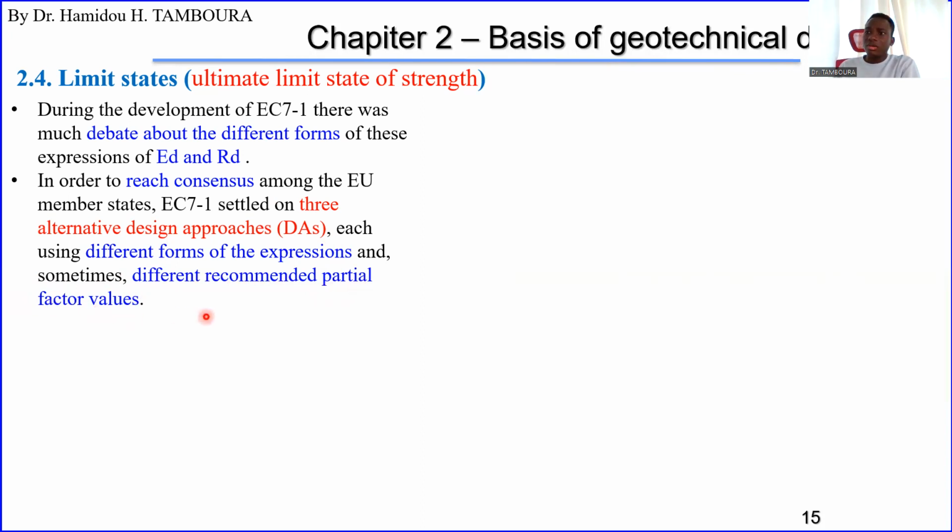It means that if you go from one country to another, you will have different values of partial factors. But Eurocode gave 3 design approaches.